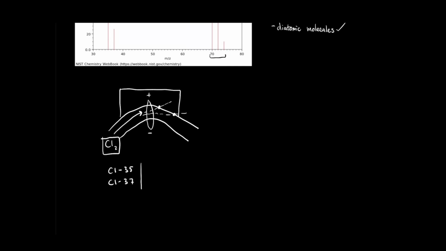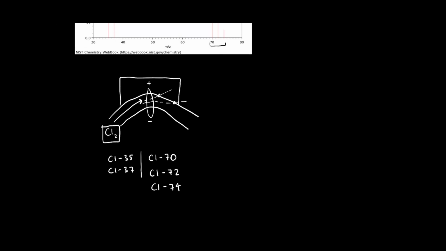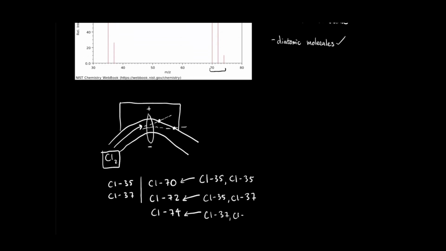What that possibly means is that there are also Cl70, Cl72 and Cl74 ions. 70 represents a diatomic combination of Cl35 and Cl35. 72 represents a diatomic combination of Cl35 and Cl37. And 74 represents a diatomic combination of Cl37 and Cl37.